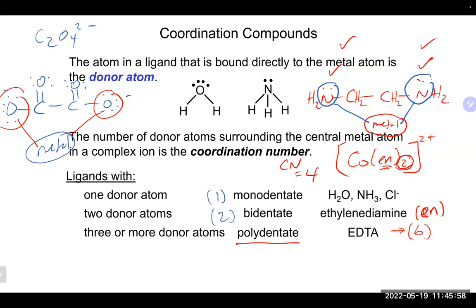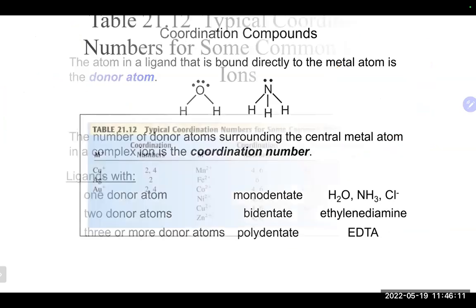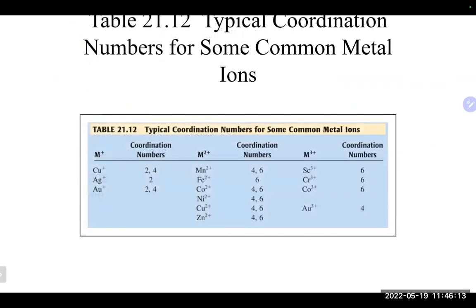That's why, as we'll see, EDTA is what is sometimes referred to as a chelating agent, because it can pretty much gobble up metals and tie them up really, really well, as it is used for that purpose. Now, how do we know how many ligands typically will attach to a metal?